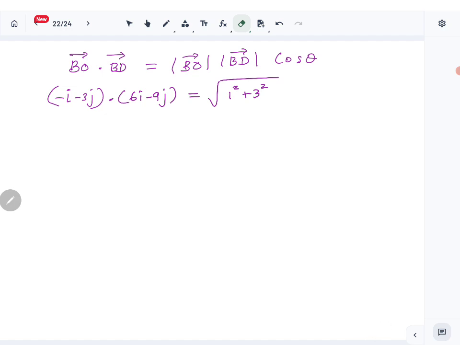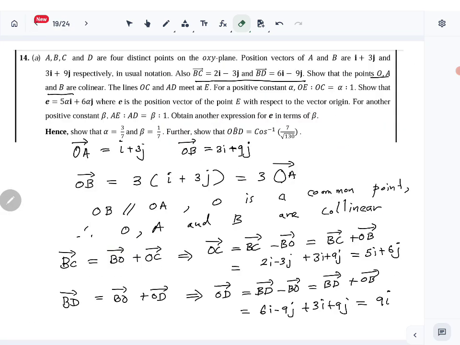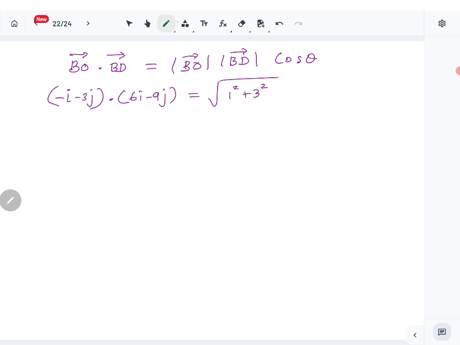No, sorry, that is OA. BO is what? Sorry. BO is 3i plus 9j, so minus 3i minus 9j. So it is the square root of 3 squared plus 9 squared, times the square root of 6 squared plus 9 squared, times cos theta.